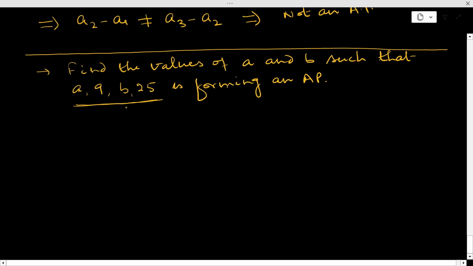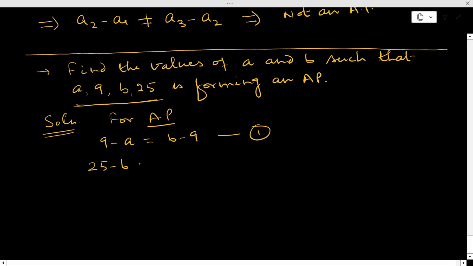If these terms are forming an AP, let us begin with the solution. For an AP, 9 minus A should be the same as B minus 9. Let us consider this as equation 1. Next, 25 minus B is the same as B minus 9.